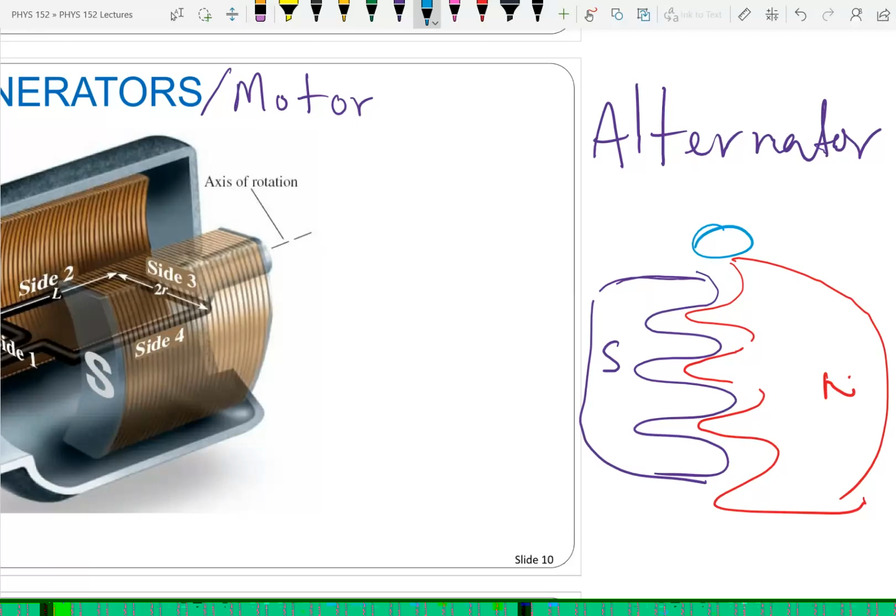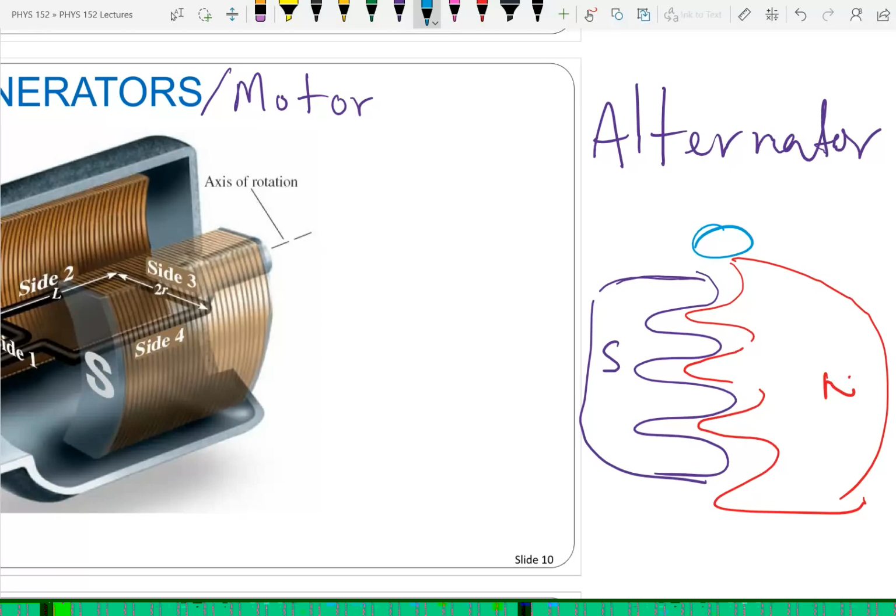Remember Faraday's law of induction, the induced EMF is the changing flux per time. So if you go back and forth quicker, what's that doing to the voltage you're producing? It's raising it. So this allows you to raise the voltage you're producing, and it has the added benefit that the magnet, which is made out of pretty much solid metal, is what's rotating, and your little sensitive coils are stationary.